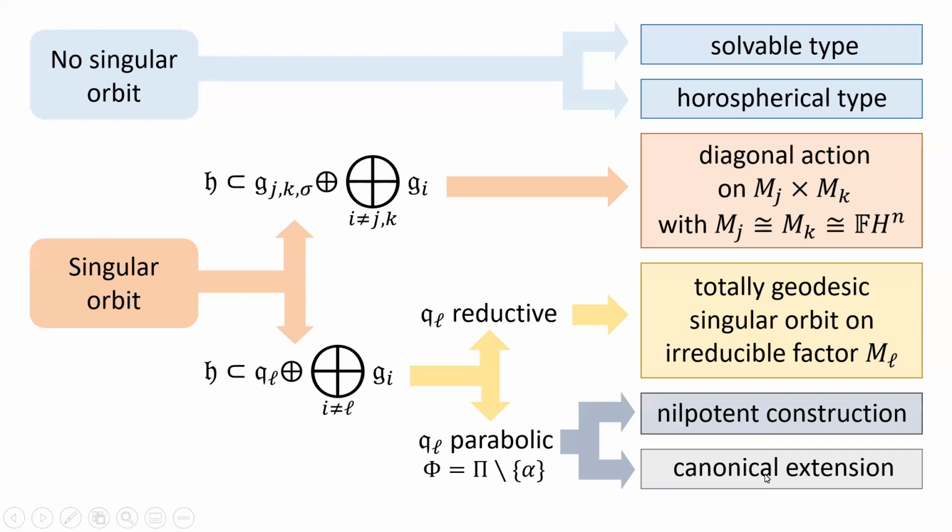Okay, now imagine that the action precisely is constructed by canonical extension. So this means that it's obtained by extending an action on a lower rank symmetric space. This suggests a recursion here.